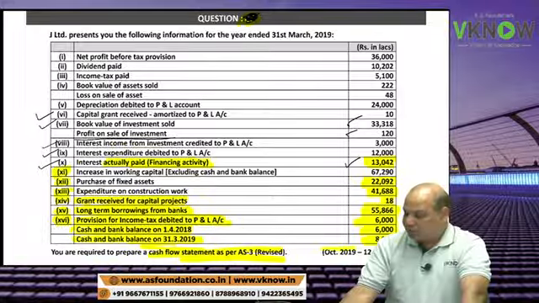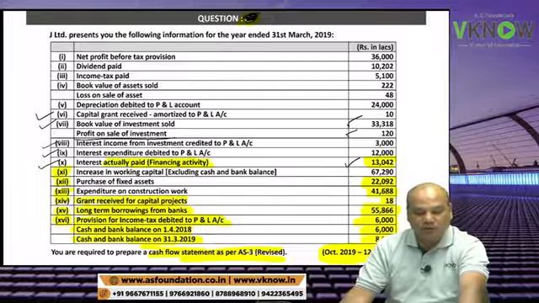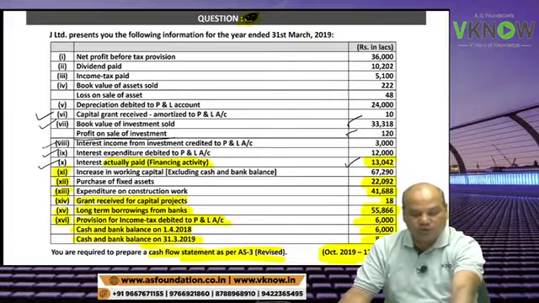Now, please mark here, this question was asked in one of the MTPs, October 19 MTP, for 12 marks. Can you believe that? It is a 12-mark question.